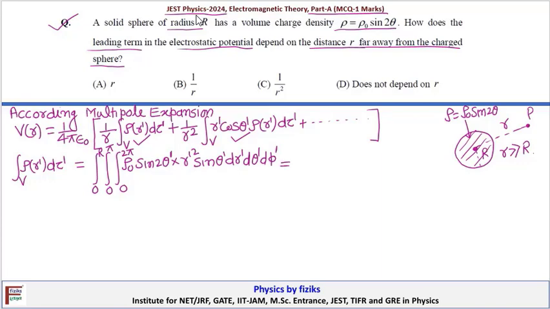If we calculate this integral, rho naught is constant, the r dash square integral will give you R cube by 3, and d phi will give you 2 pi.